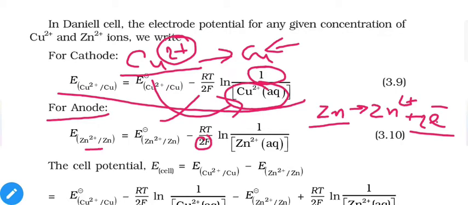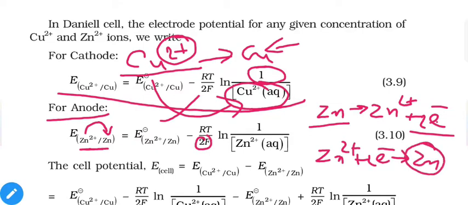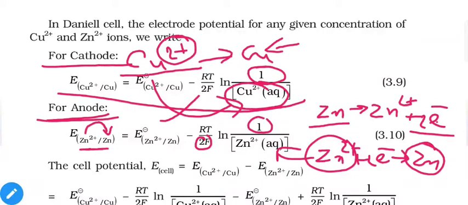Right now, as mentioned here, we are talking about conversion of Zn2+ into Zn. So that's why we use the opposite reaction just like the copper reaction. So Zn2+ will accept 2 electrons and it will give us zinc metal. So zinc metal is our product, that's why unity for the metal, and Zn2+ concentration at the denominator side. So all of the values are mentioned and we have two different Nernst equations for the anode's and cathode's reduction reaction.